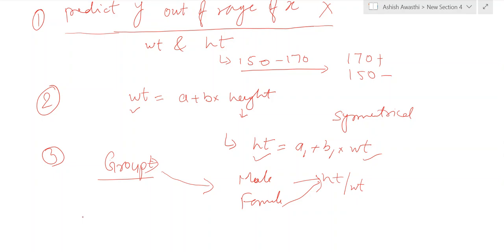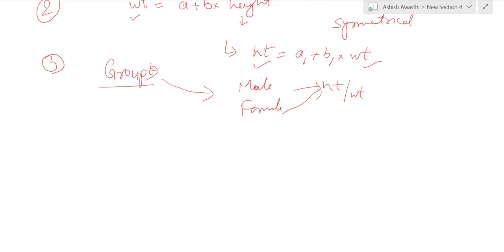So how to interpret your regression equation? Suppose you have y is equal to a plus bx, or your weight is equal to, I am writing a random constant, 0.2 plus 1.2 into height.